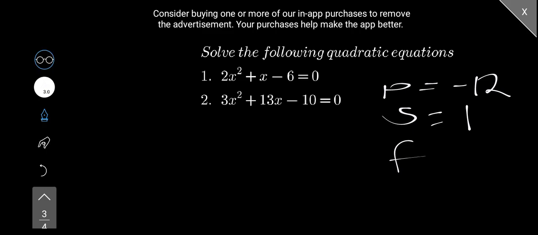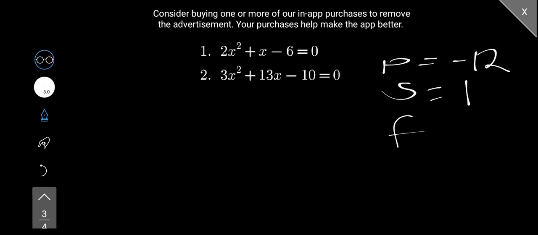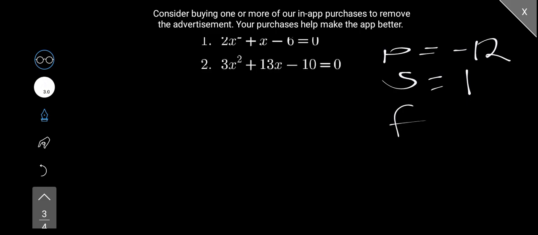Okay, so to find the factors, you consider the product, which we found is -12. We are going to ignore the negative in the meantime. So we are asking, what are the factors of 12? Remember, the factors are those numbers that can go into 12 without leaving any remainder.